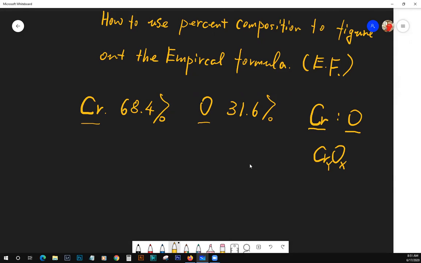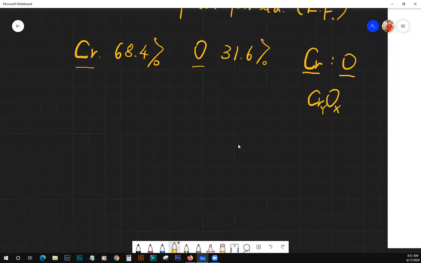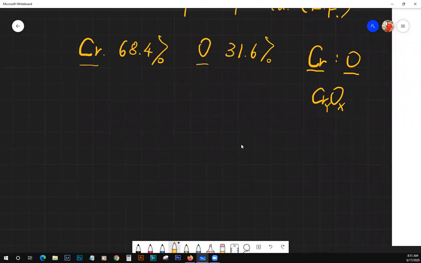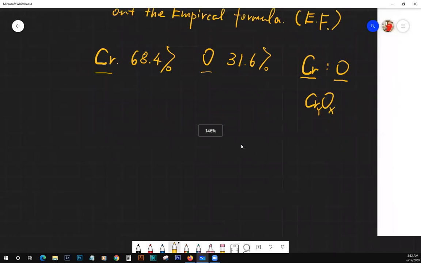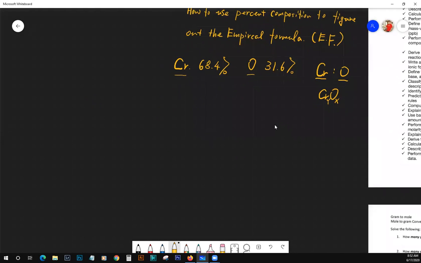Okay, there are steps to do so, a path to follow. First, we begin with chromium percent and oxygen percent.